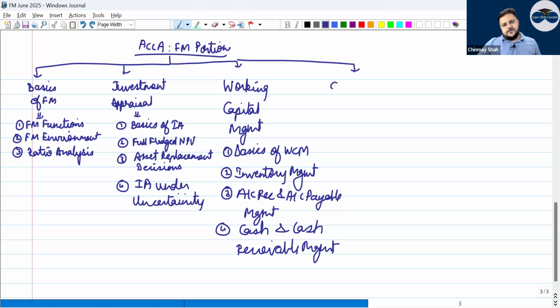Then you have the third part as sources of capital. Sources of capital and cost of capital.